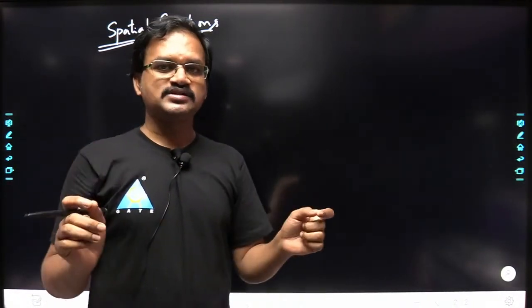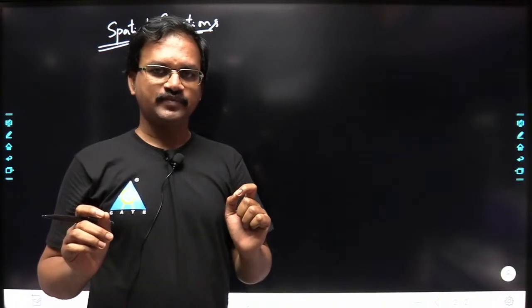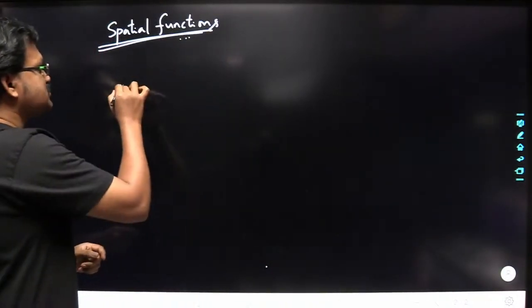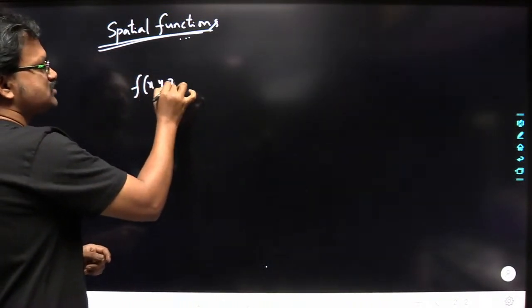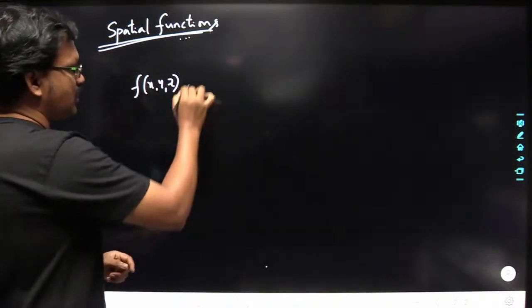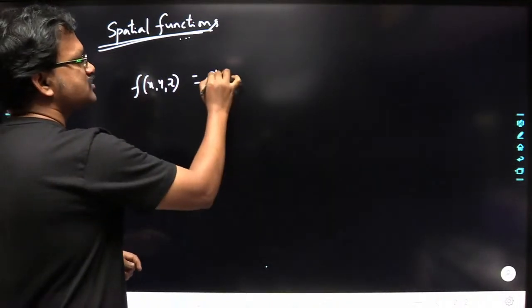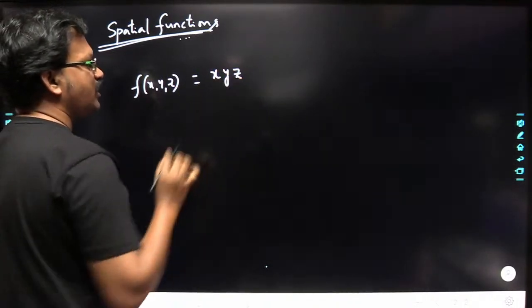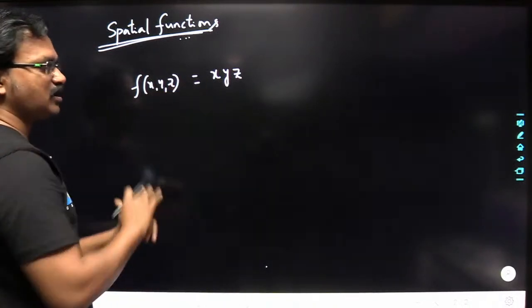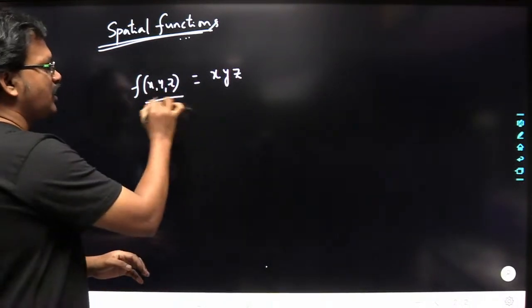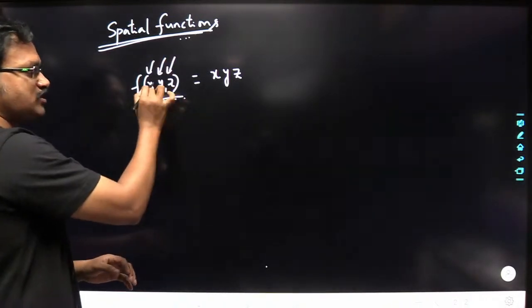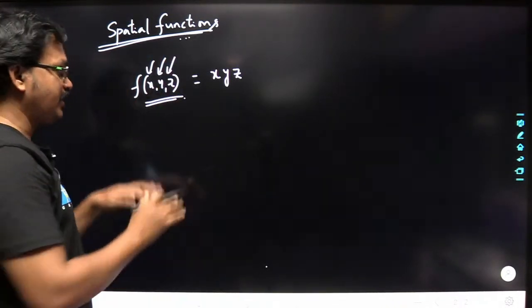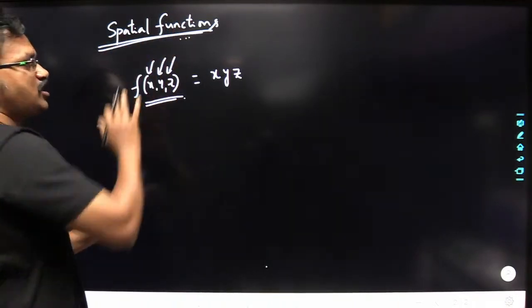That can be represented by a function, yes or no? For example, if I consider some function f of x, y, z equal to xyz, it is a function of spatial variables, and hence we can call this function a spatial function.